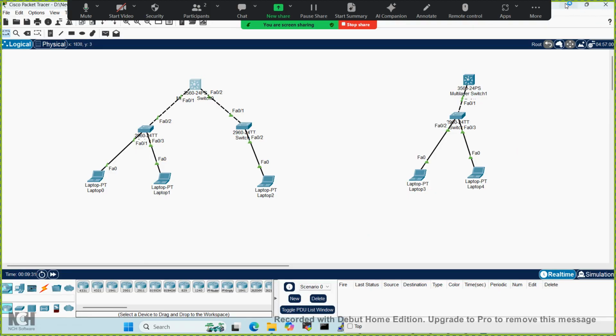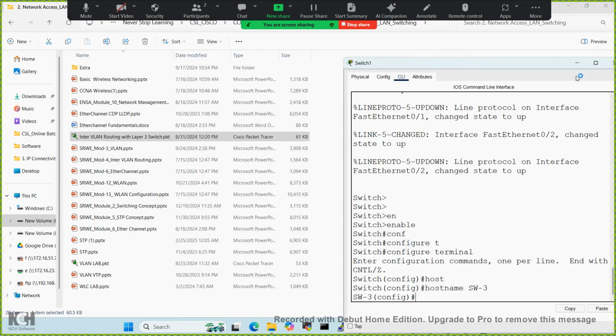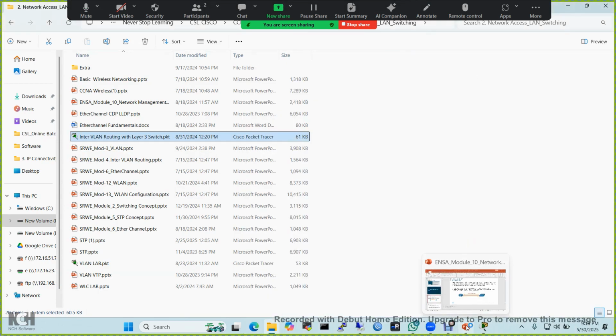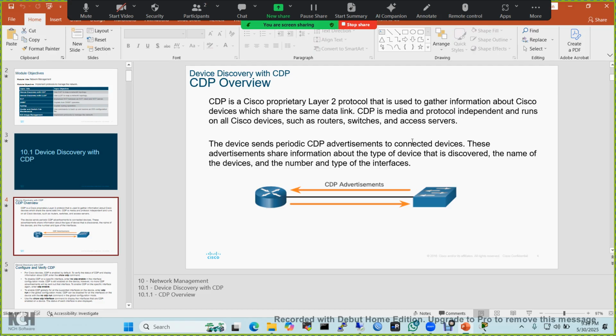Now I am going to the theoretical part of CDP and LLDP. It is very short. But which one should we use, CDP or LLDP? I will clear that now. CDP is a Cisco proprietary protocol, supported only by Cisco devices, not other vendors' devices.